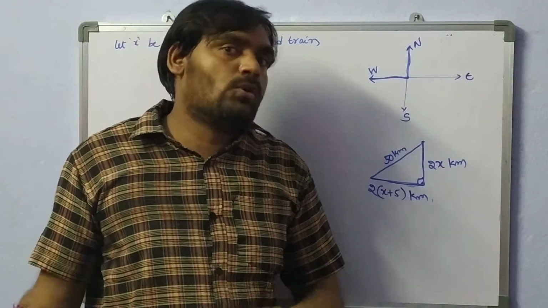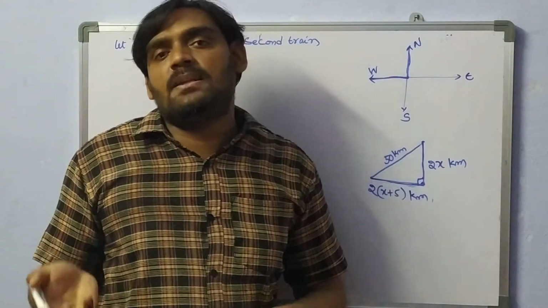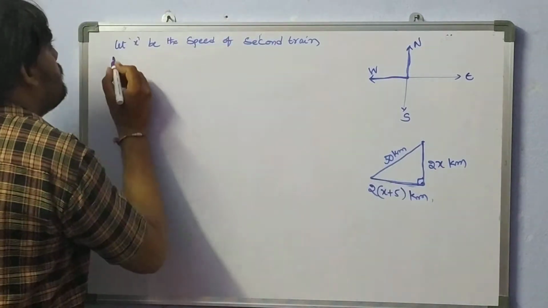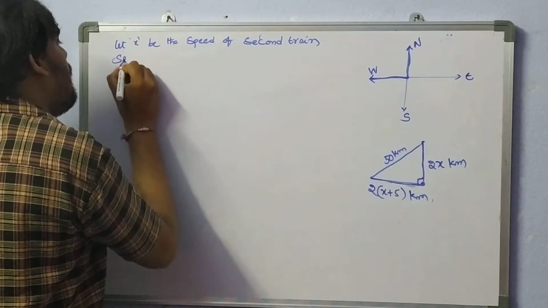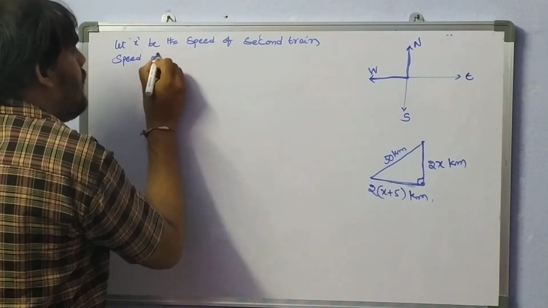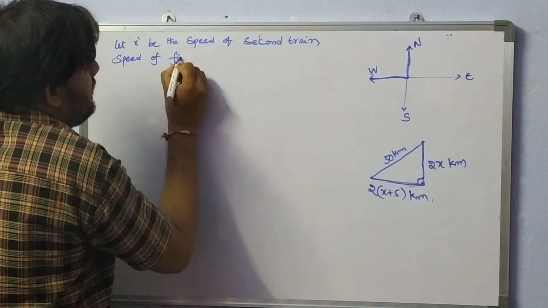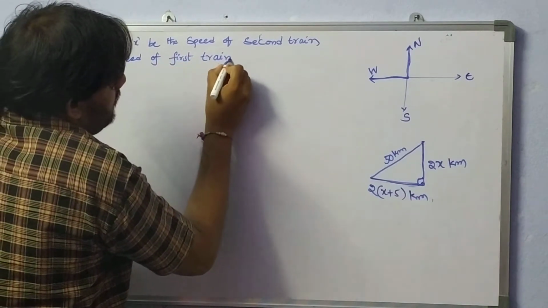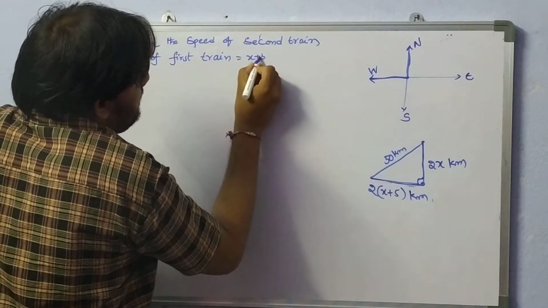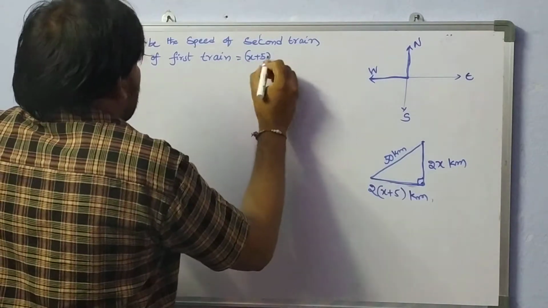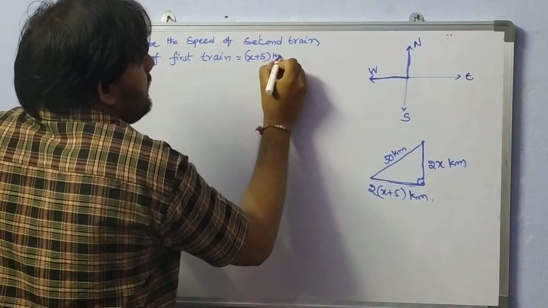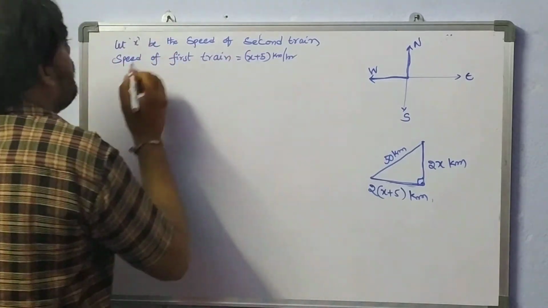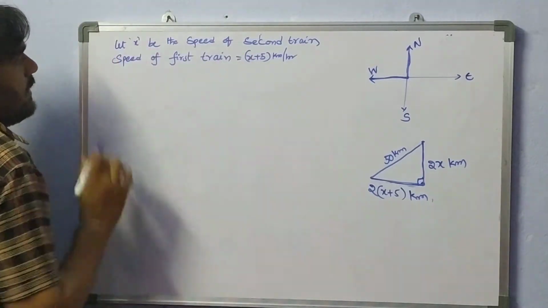If you add 5, then automatically that will be the speed of the first train. So the speed of the first train is equal to x plus 5 kilometers per hour, and here also x kilometers per hour.